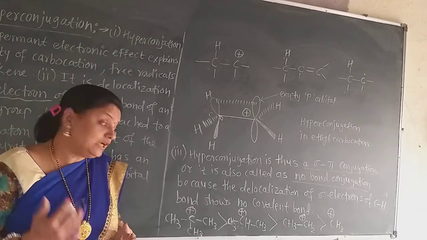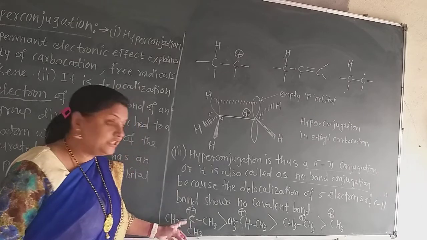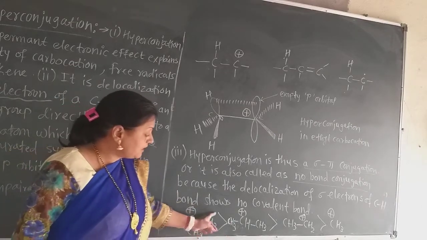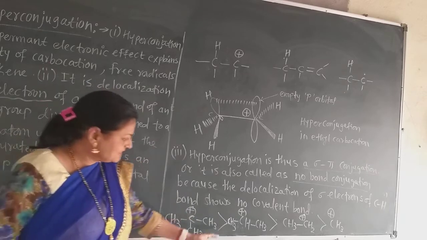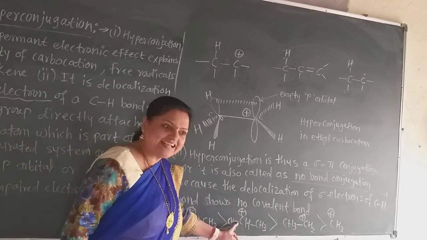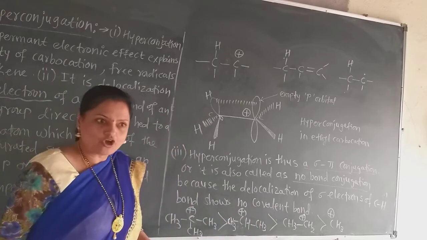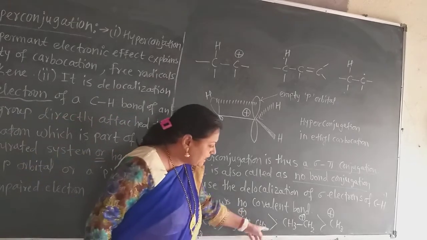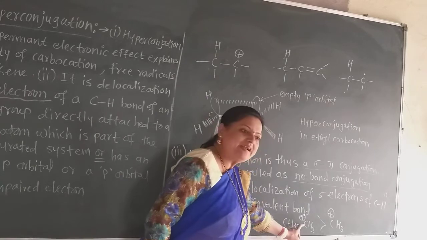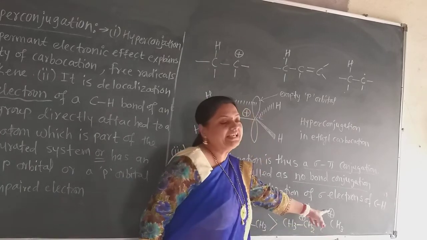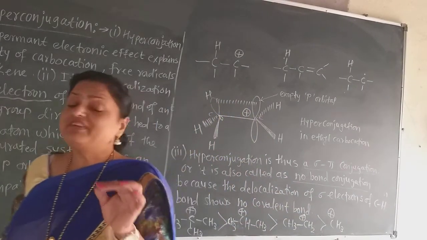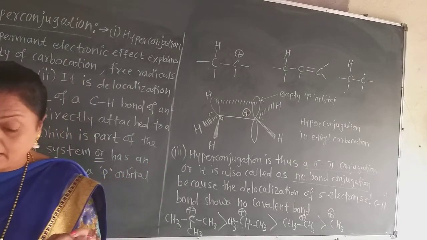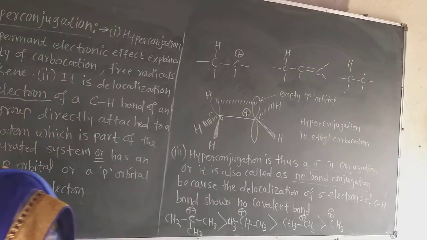So the stability order of these carbocations is this: the tertiary carbon, which has 3 methyl groups, is more stable than the secondary carbon, which has only 2 alkyl or methyl groups. That is more stable than the primary carbon in ethyl, and methyl primary carbon is very little stabilized by hyperconjugation. Now this is the order of hyperconjugation.